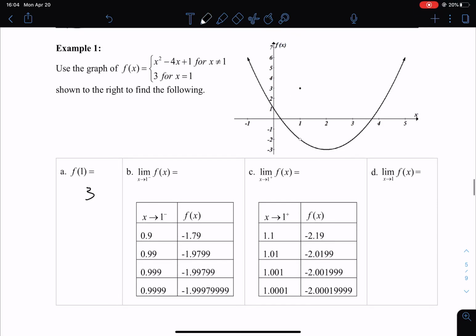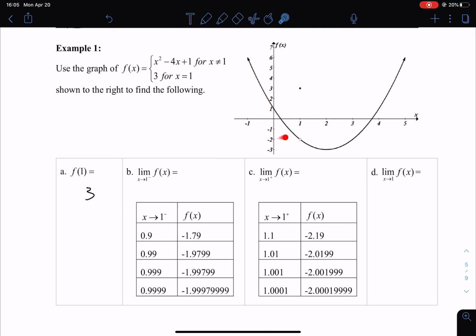And then example B is about the left side limit. Example C is about the right side limit. From here you can see we have two different ways to show you what the left side limit is. The first one is just by using the function graph. So 1 minus, this is point 1, and for 1 minus we have to use this branch because it goes from negative infinity to 1.